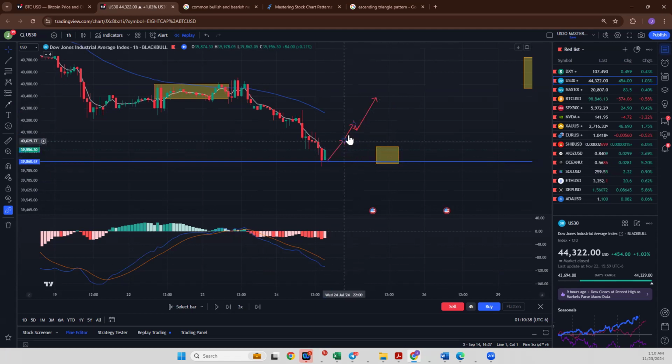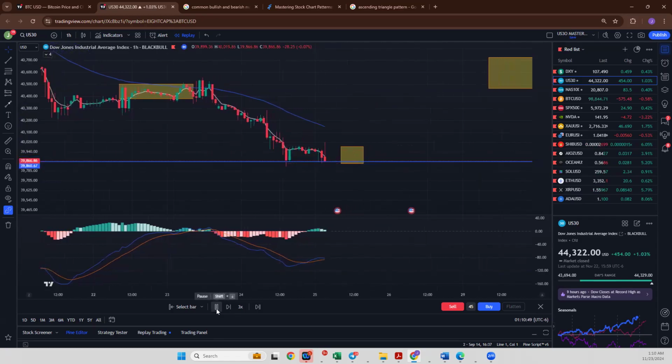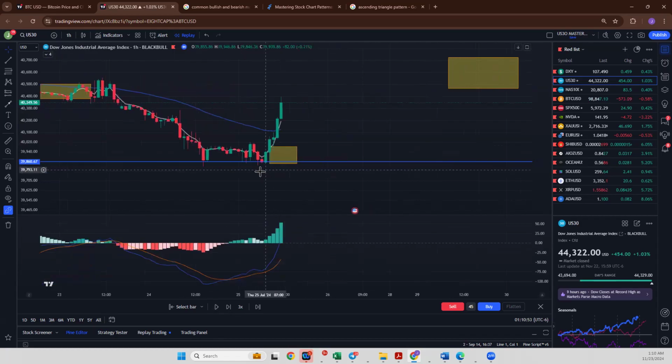So let me get all this off my screen. Okay. So if I play this out, that's a double bottom setup. So we saw the flag start to try to happen.